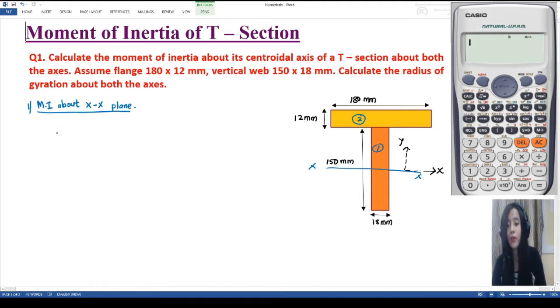So if I go from bottom to top, I'll have to use a parallel axis theorem. Before we apply the parallel axis theorem, let us find its area and its height h.